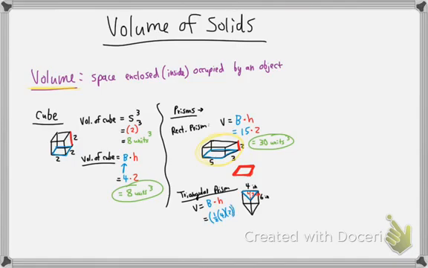That'll give you the triangle. And then you need to take that times the height of 6. Okay? So after we do some calculations here, half times 4 is 2, 2 times 2 is 4, and that guy times 6 will give us 24 inches cubed. So we found the volume of that triangular prism.